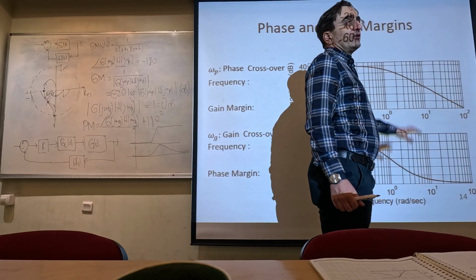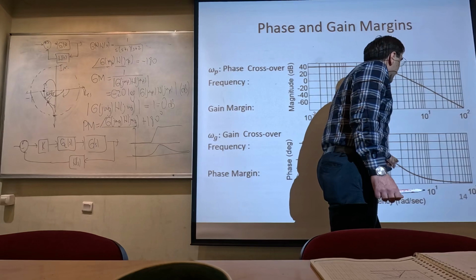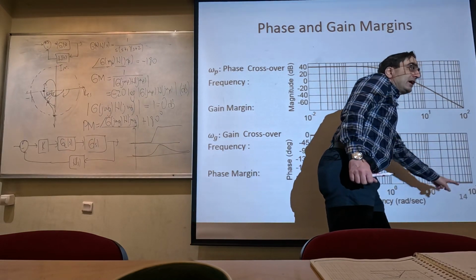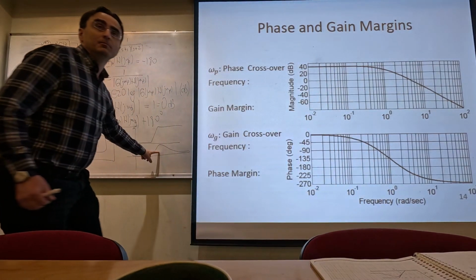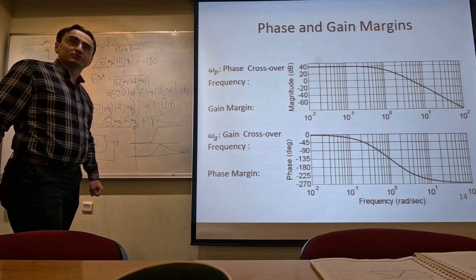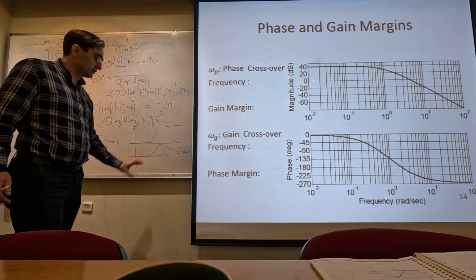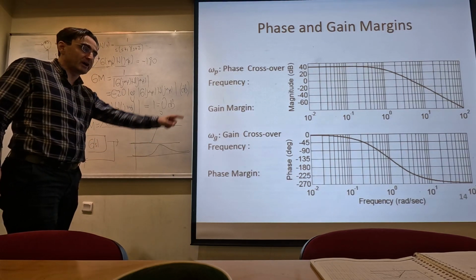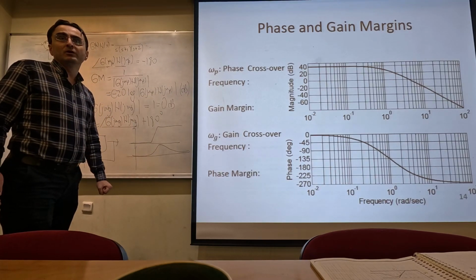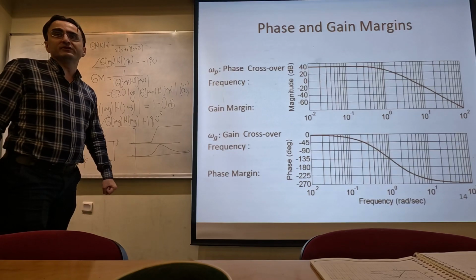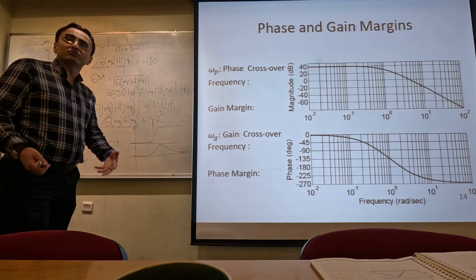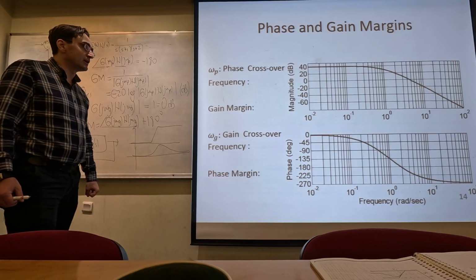Suppose that I don't change the magnitude, then if I can add some phase to this system, just like this, some positive phase, then I will be able to increase the phase margin of the system. I will be able to make it positive. If I add a large positive phase to the system around those frequencies, then I will be able to make the phase margin of the system much larger than its original value. I will be able to actually stabilize the system in that case.